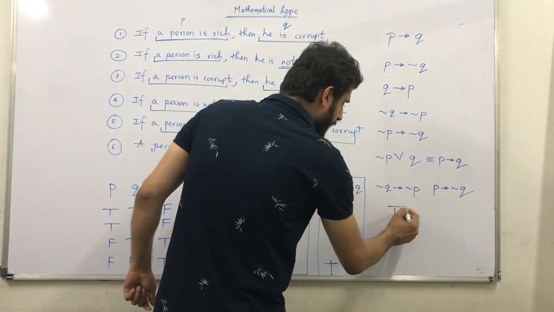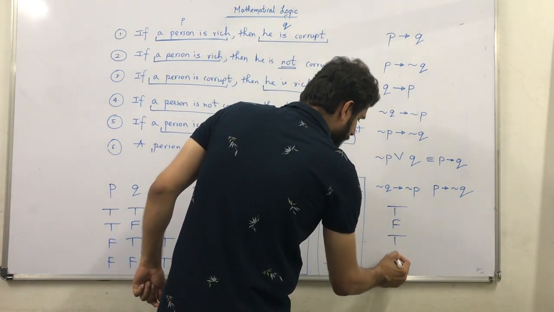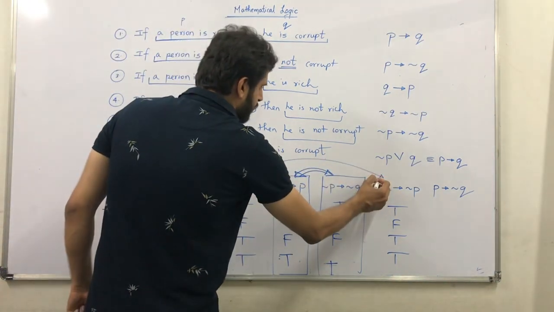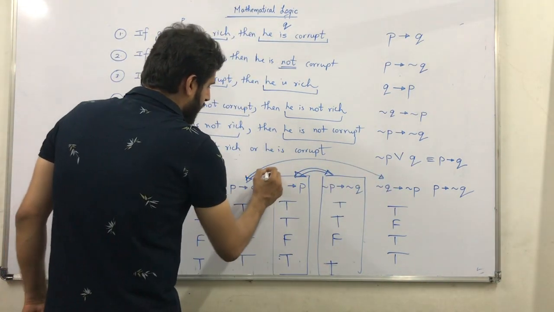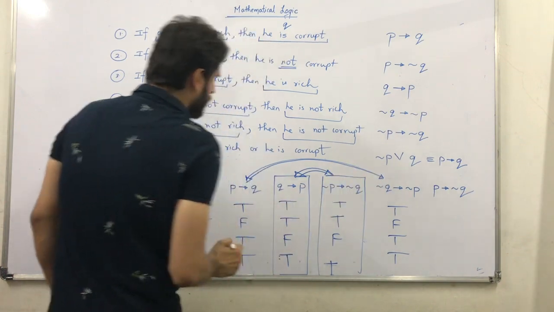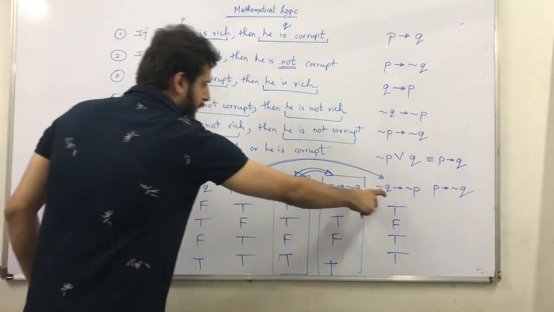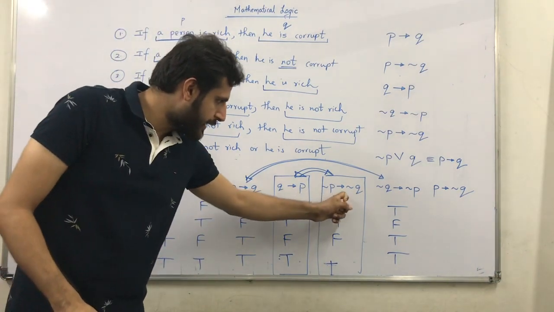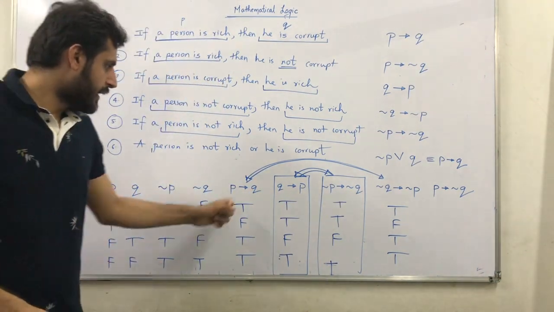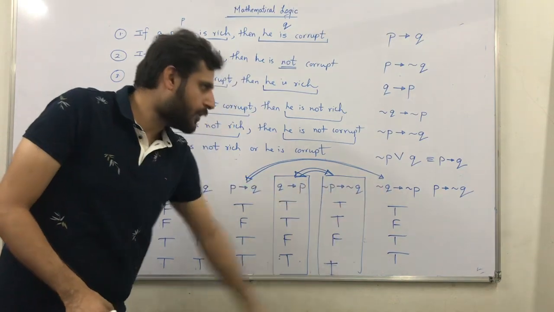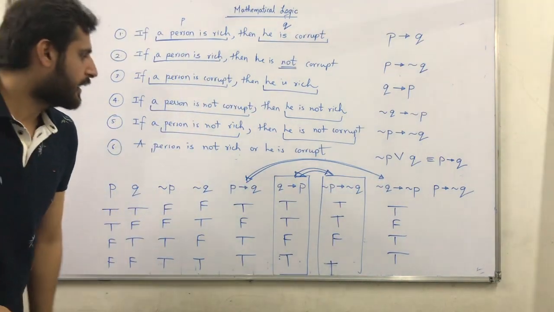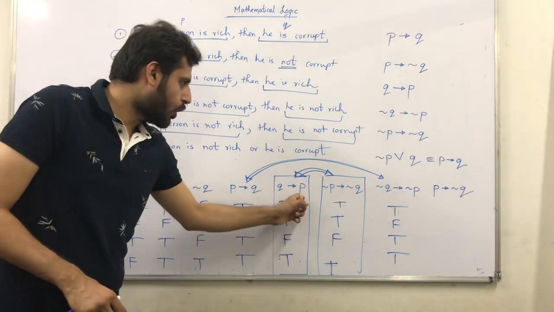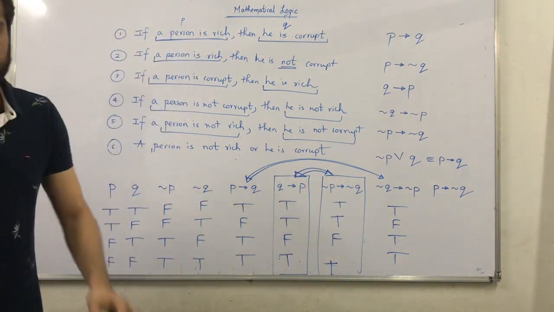In all the other cases we get true, and therefore these are logically equivalent: the implication and the contrapositive. So converse and inverse are logically equivalent, and implication and contrapositive are logically equivalent.